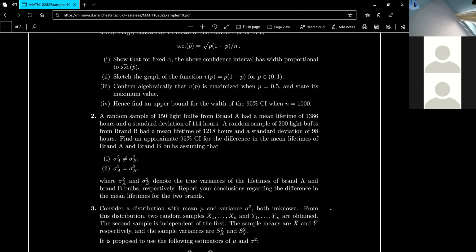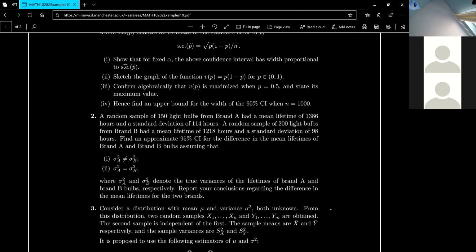If you look back in the notes, it is plus or minus z times the square root of sigma x squared divided by m, because in part one we are assuming that the population variances are known and they are not equal. Okay, so this is the formula you need to use, right?